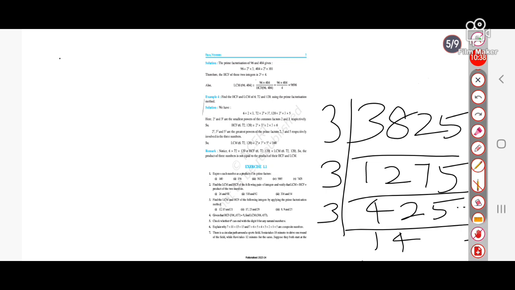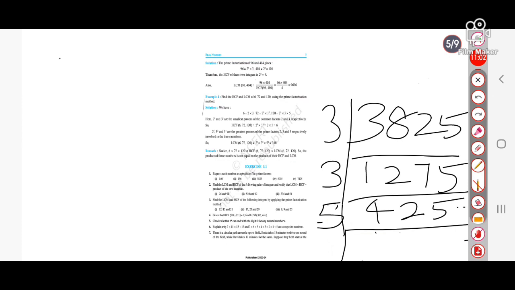No, this cannot be divided by 3. So what can be the next number which can divide 425? 425 can be divided by 5. So let's go with 5.